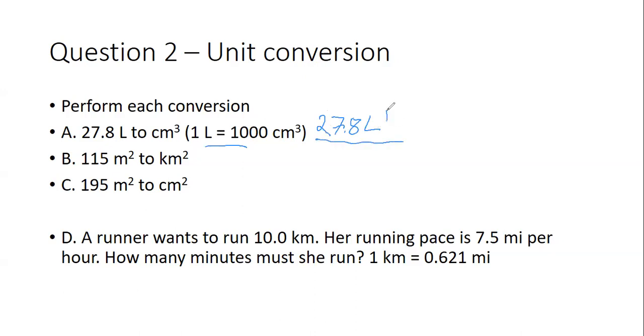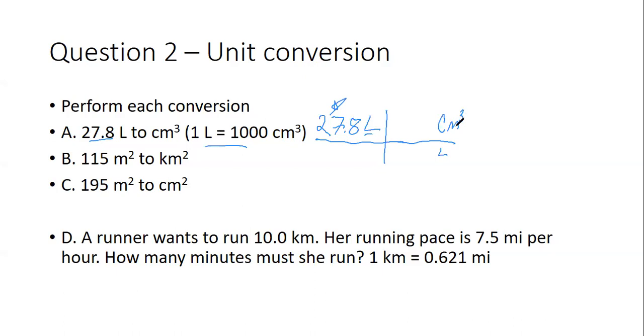So I set up my train track. Remember, what I start with always, well, almost always goes into the top bracket of the train track. I have liters at the top. I want to cancel that out, so I need to put liters on the bottom. And then I want to end up in cubic centimeters. So cubic centimeters goes up at the top there.